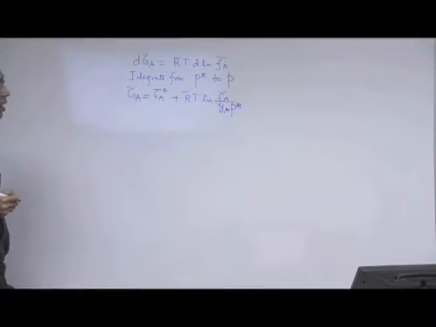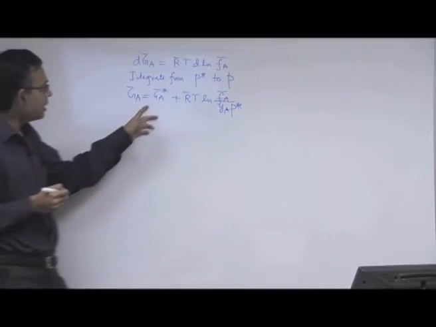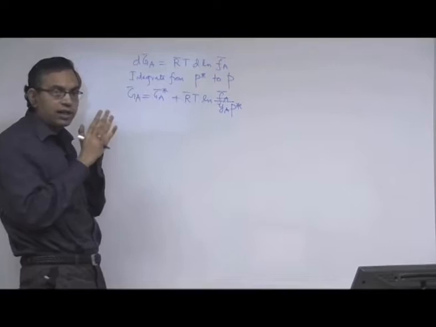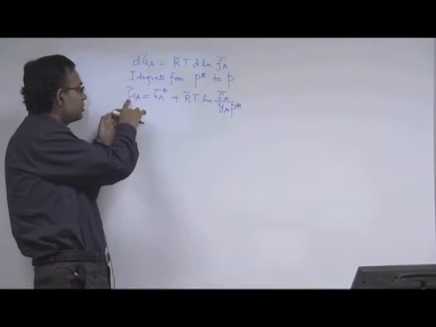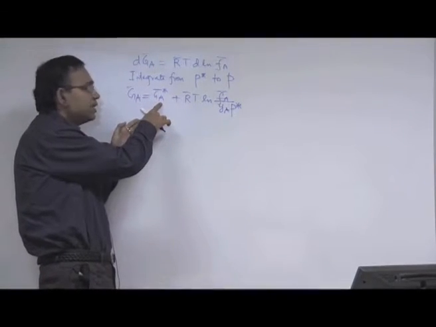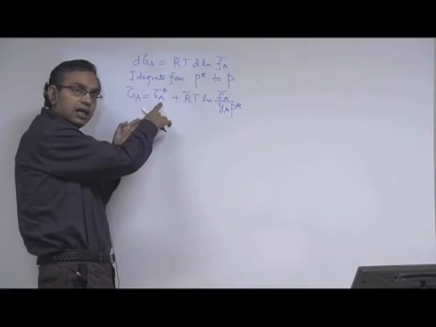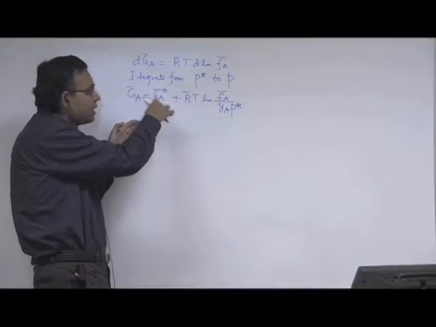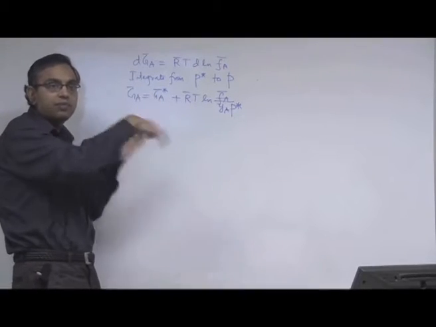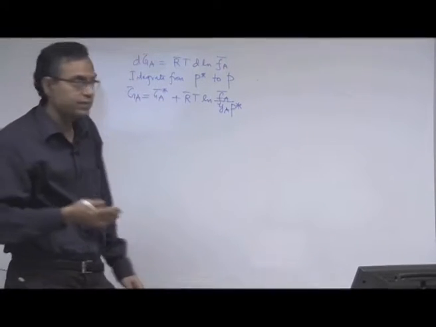Okay. Now what is our strategy? We have transferred the quantity G bar A from this state expressed in terms of an ideal gas state, and this ideal gas state now we will write in terms of molar quantities instead of partial molar quantities.